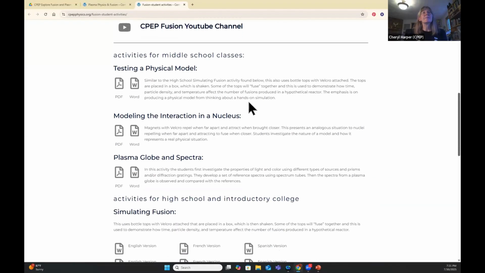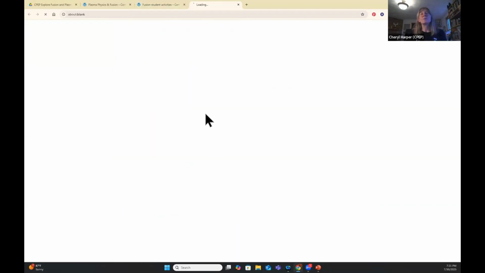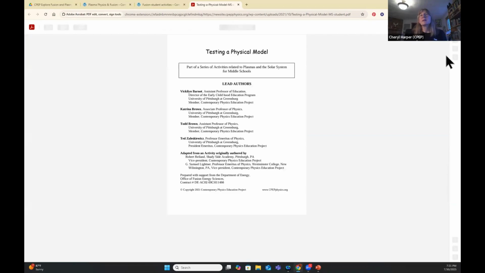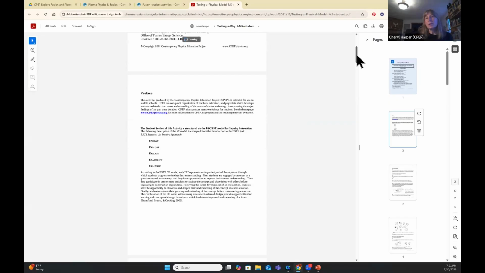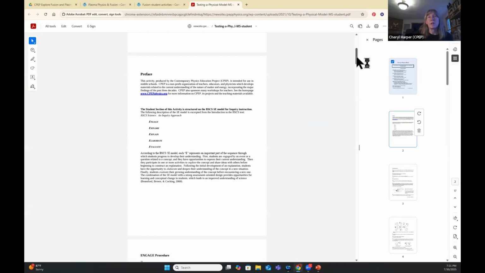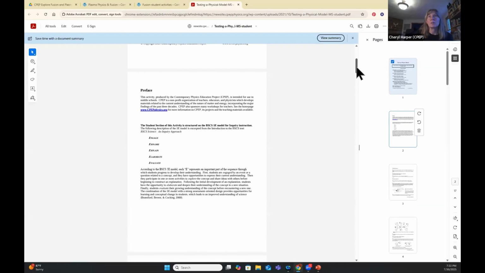And for example, if we want testing a physical model, which is one we're going to start out with, you can download this in PDF or in Word documents, so you can change whatever you want to about it, shorten it if you would like, and so on.